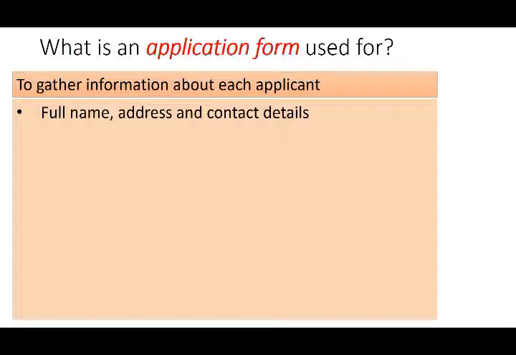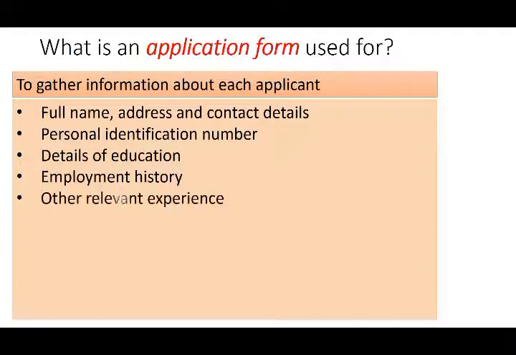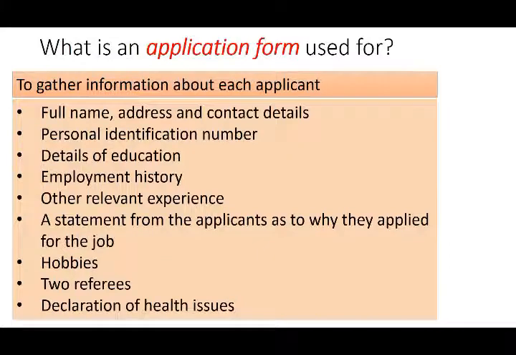Obviously, full name, address, contact details, personal identification number, details of education, employment history, other relevant experience, a statement from the applicants as to why they apply for a job, in the form of a letter maybe, hobbies, referees, people talking about them, declaration of health issues, if they have any medical condition or not.